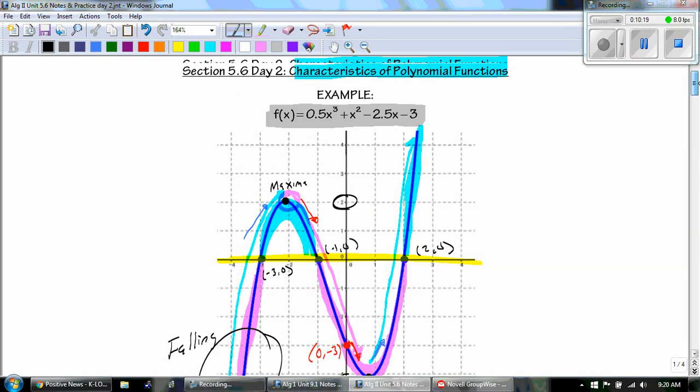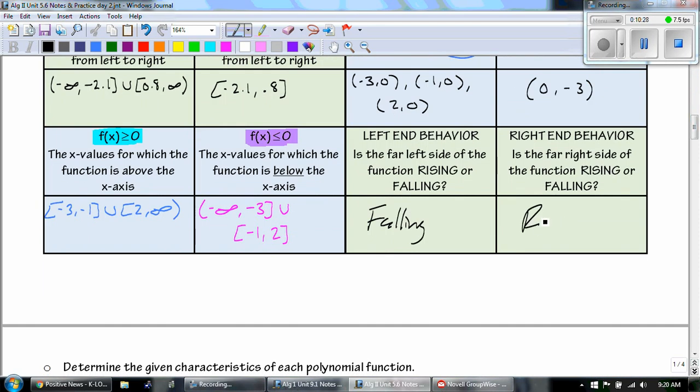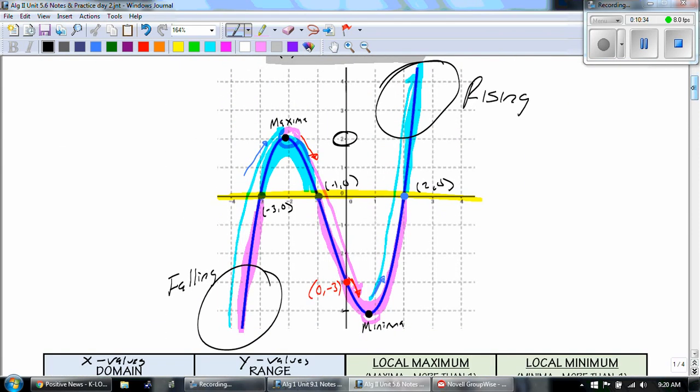And then on the other side, my far right behavior, we are rising. Okay, and it's going to be different for each graph. Okay, each one of these, you need to go through and ask yourself all of these questions.